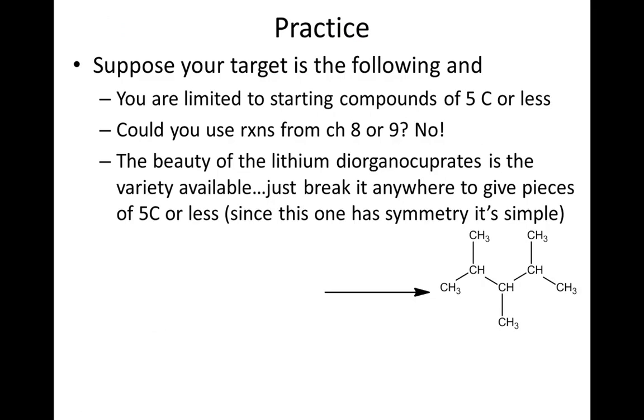Alright, so let's practice again. Let's consider a type of problem sort of like our synthesis problems that we've been working on. Usually in your synthesis problem guidelines, you're told that you can have some things, including some molecules that only have 5 carbons or less. In the synthesis problems you've worked on so far, you could either start with alkenes or alkyl halides, depending on which row you're on.